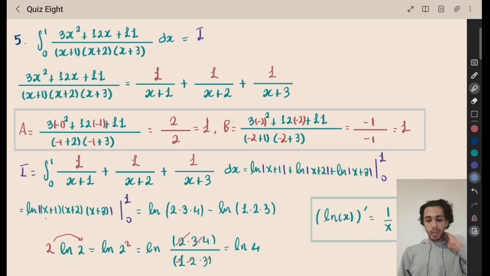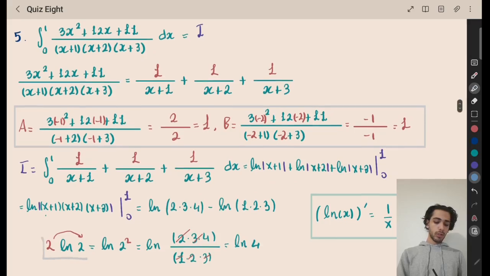Then you have the classical ln absolute value integral. You can of course verify that if you take the derivative of this, you would get that, and so on and so forth. And then you just use some properties of logarithms to bring the answer to its final form, or at least the form which you would find in the choices.